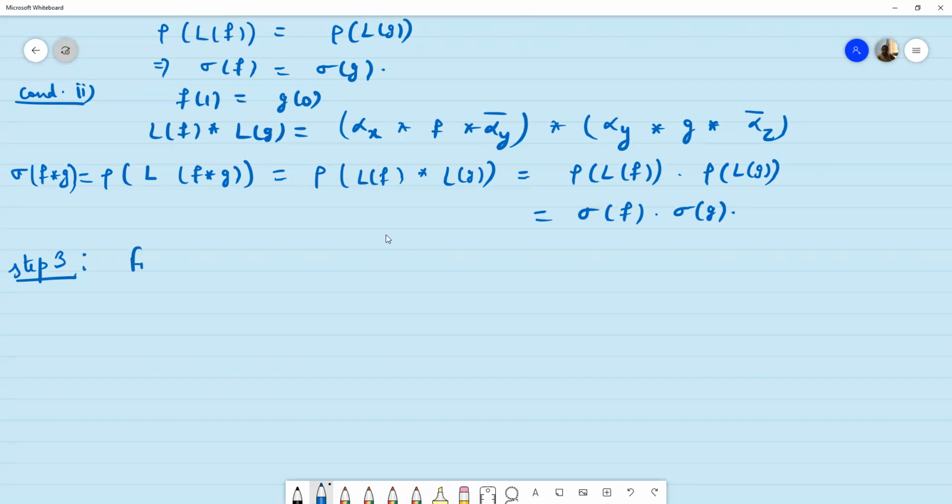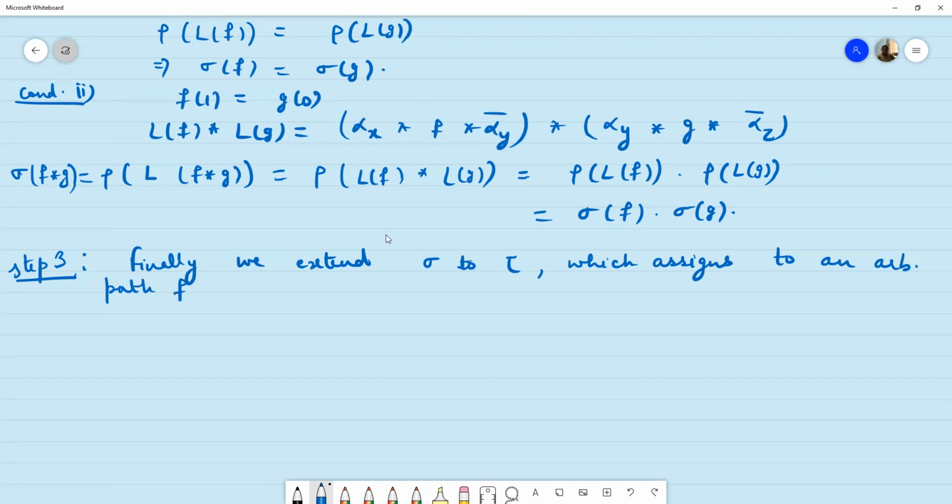So finally, we extend sigma to a mapping tau, which assigns to an arbitrary path f of the space X an element of H. And this mapping tau will also satisfy the conditions 1 and 2.